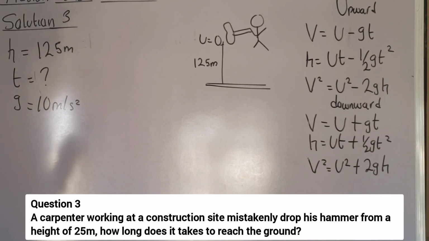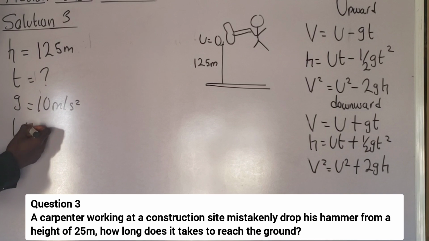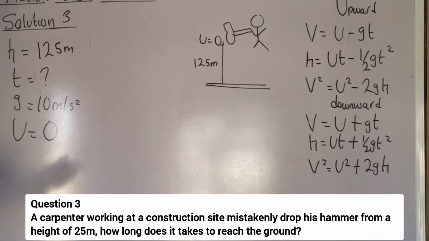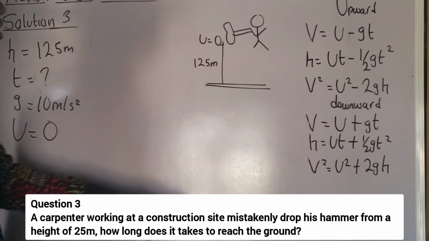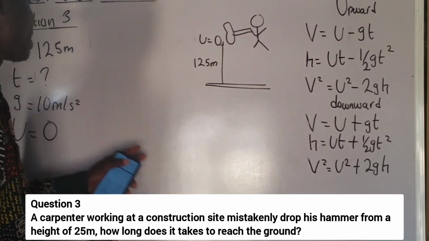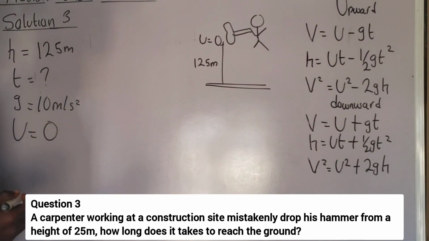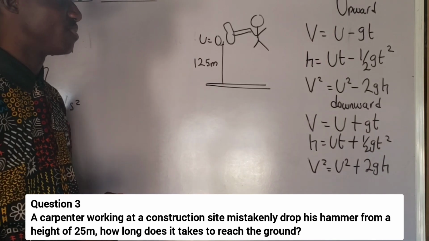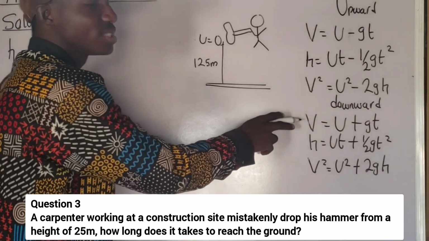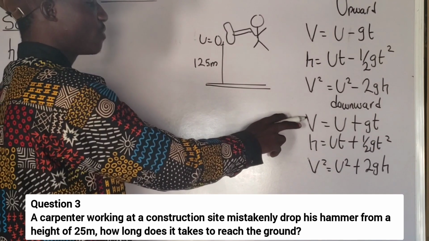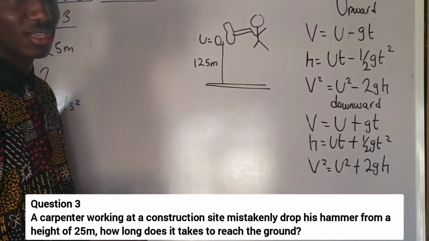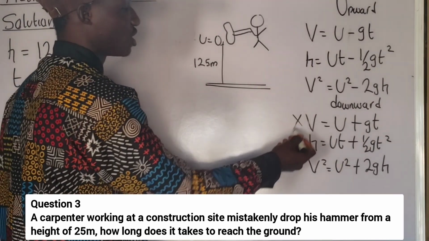So, having known that the initial velocity is 0, u equals 0. Now, with respect to the parameters that we have here, which of these equations suits these parameters? Can we use the first equation? Because this is a downward motion, if you want to use the first equation, we are not given the value of the final velocity. So we cannot use the first equation.